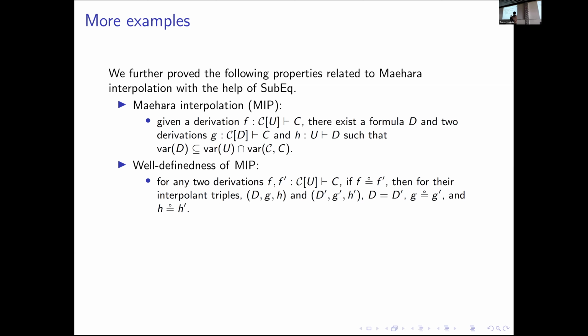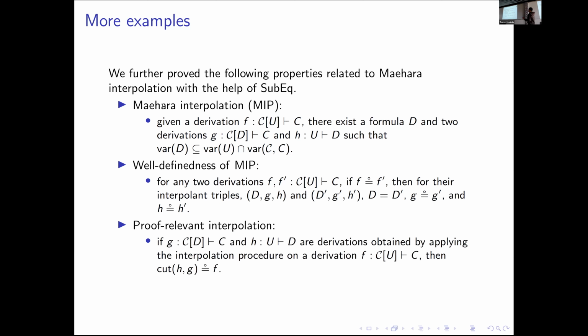and we are also caring about the equational theory of derivations, we also prove the well-definedness of the interpolation procedure, saying that given 2 derivations f and f prime, if f is equivalent to f prime, then the interpolant triples found by the interpolation procedure respectively, their interpolant formulas D and D prime will be equal, and also the derivations found, G prime and H prime, will be equivalent respectively.